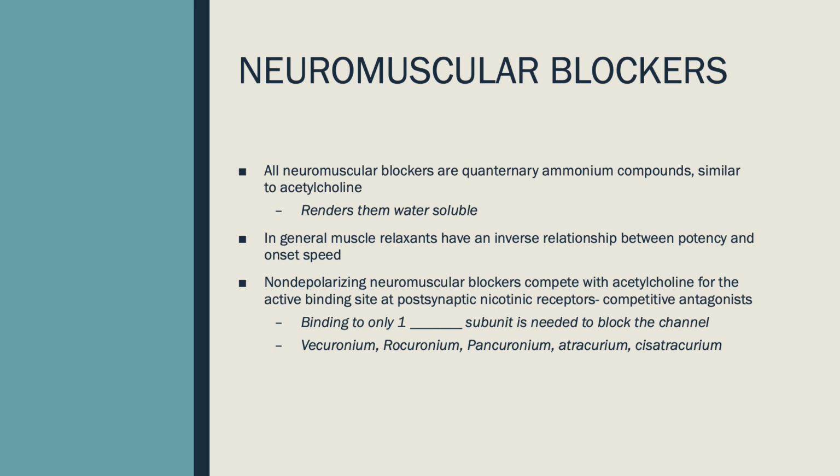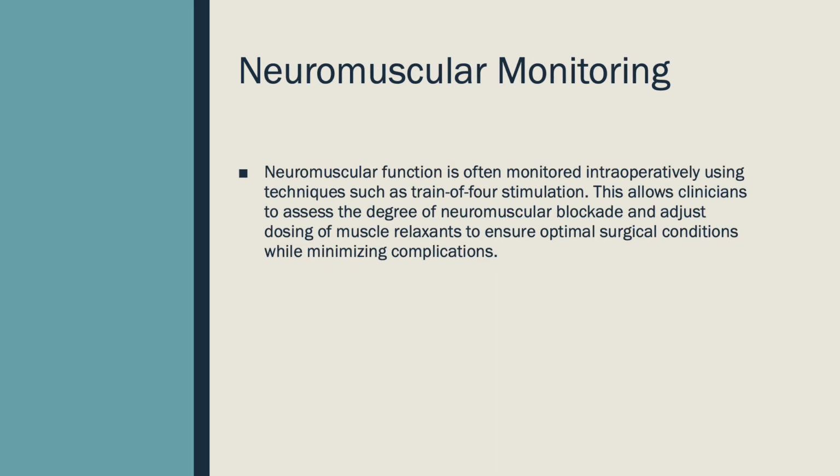They all have some side effects you have to keep in mind, and it makes them suitable for some clinical scenarios, some situations. Okay, so all neuromuscular blockers are quaternary ammonium, which means they're water soluble. There's an inverse relationship between drug potency and onset, and non-depolarizers block the receptor by binding to just one single subunit, preventing muscle contraction.